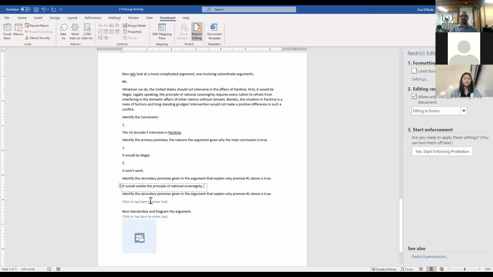Because there's a lot of grudges and factions. And it can be helpful to even write it all the way out, right? It would be illegal because. It's not going to work because.